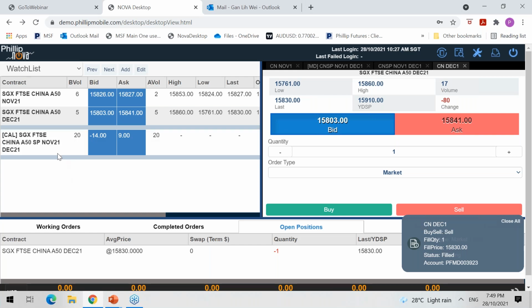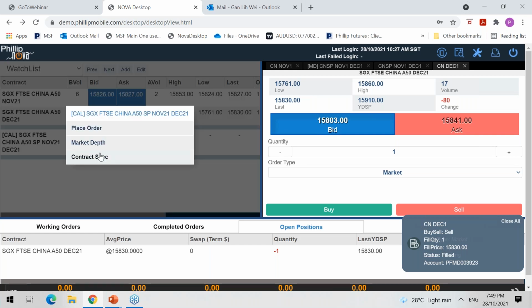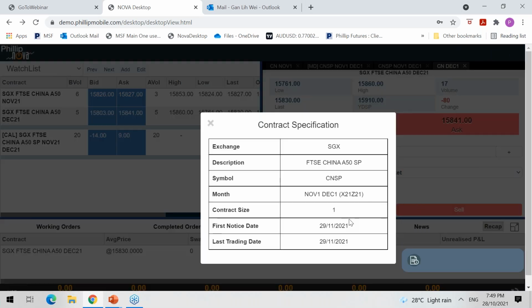Next, we'll look at the contract specifications that are available, simply by clicking on the contract itself. Then on the contract specification, you'll be able to see the last trading day for expiry. This is a monthly contract. Sorry, this is a calendar spread.